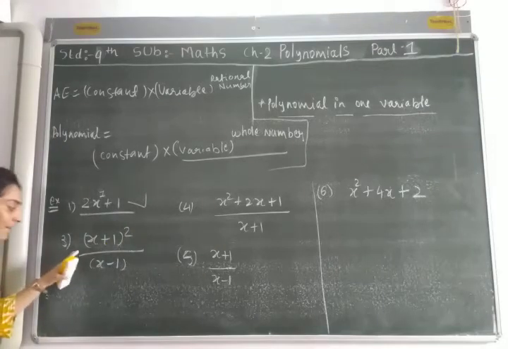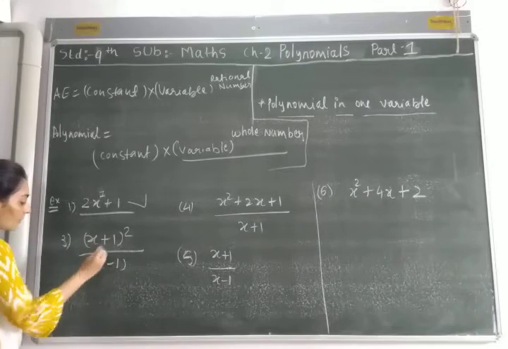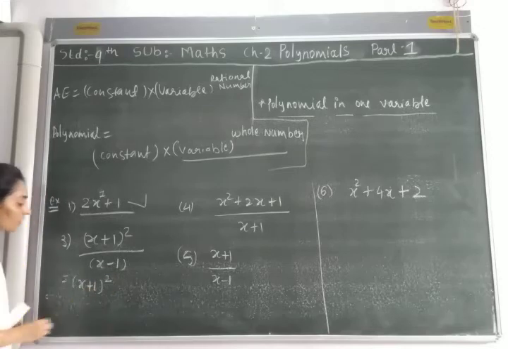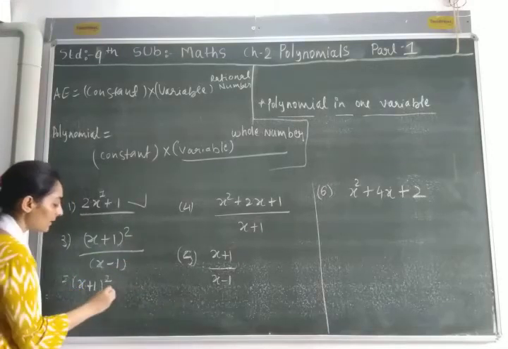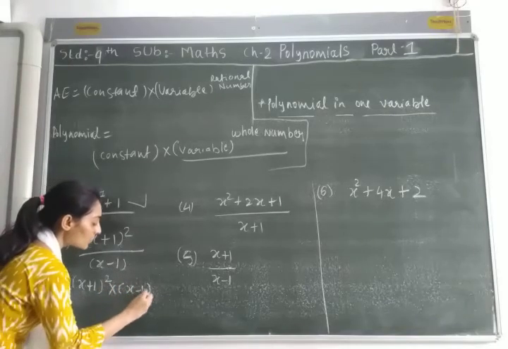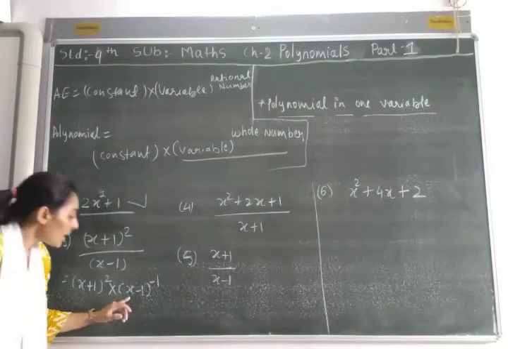Now look at this example. So when you solve this one, (x plus 1) to the power 2. If I am taking this denominator into the numerator, what will it become? (x minus 1) to the power minus 1. Now look at over here.